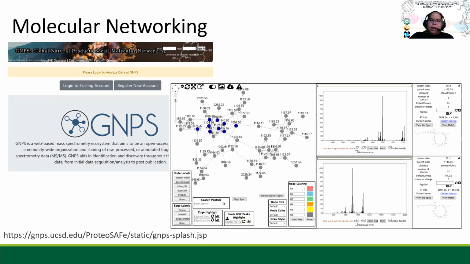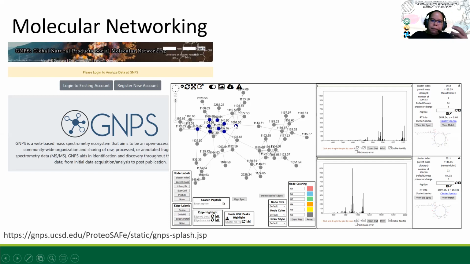So in molecular networking, they make use of those data to identify, for example, in this case, for this group of stenotricine compounds, all those ions that are close to these stenotricine compounds actually have fragmentation patterns that are close or similar to these identified compounds.